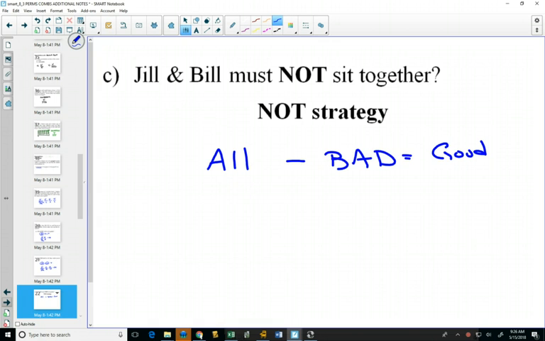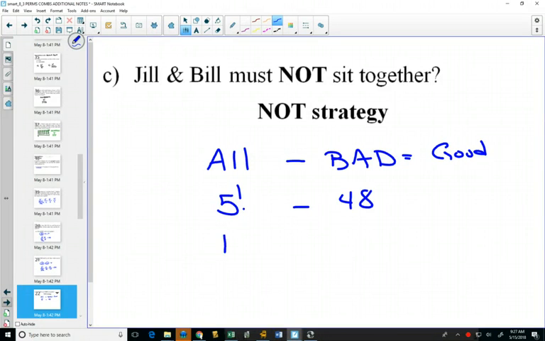Well, all the ways people could sit on the park bench is very easy to count. 5 people on a park bench, 5 factorial. If we want them not to sit together, the bad arrangements would be all the ones where they do sit together. And we figured that out in part A. In part A, we figured out that there was 48 ways where Jill and Bill sat together.